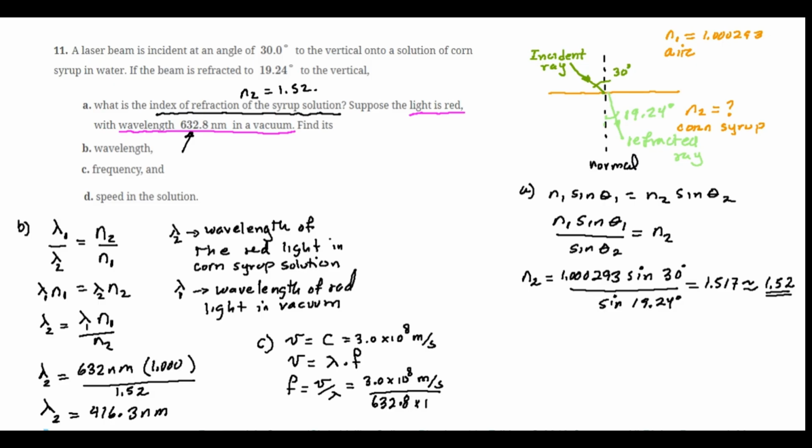So when we do the calculation, we will get the frequency. Remember that the units of frequency are hertz, and hertz is second to the negative 1, or 1 over second. It would be 4.74 times 10 to the 14 hertz.